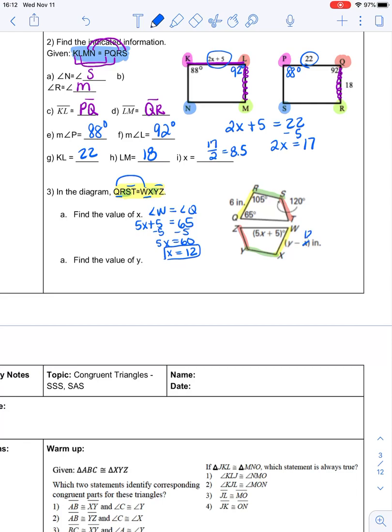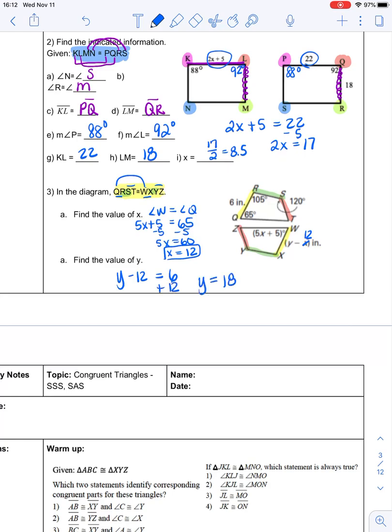Then it says to find the value of y. Well, now I know that x is 12. So I can replace my y minus x with y minus 12. Well, that's WX, which is my yellow side, which matches with QR, which is 6. Now I've got it set up. All I have to do is solve.